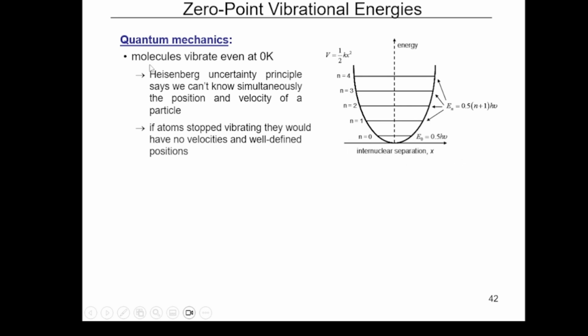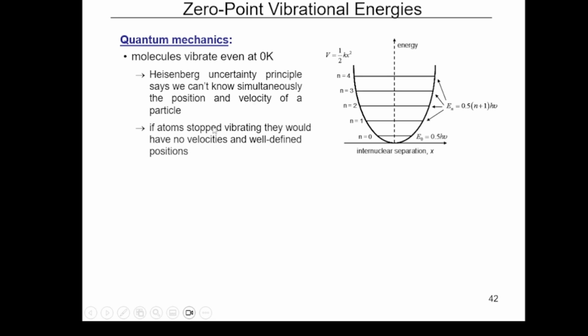In quantum mechanics, molecules vibrate even at 0 Kelvin. At 0 Kelvin, there is no kinetic energy, but molecules still have some vibrational component. The Heisenberg uncertainty principle says we cannot know simultaneously the position and velocity of a particle.